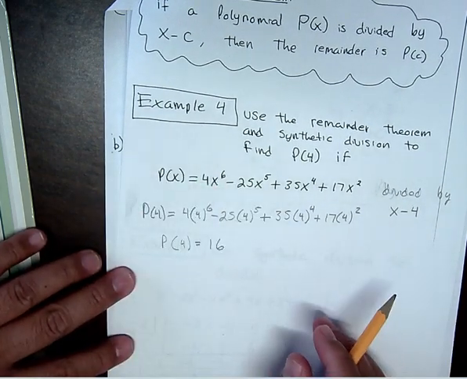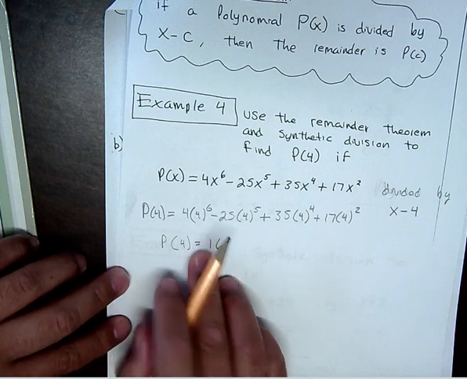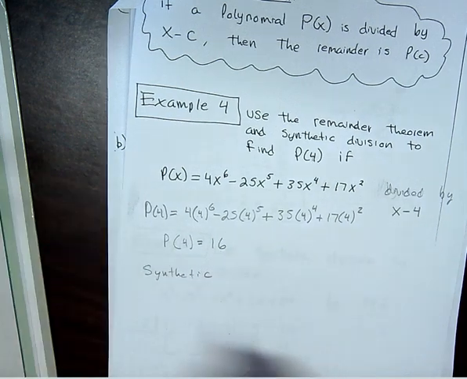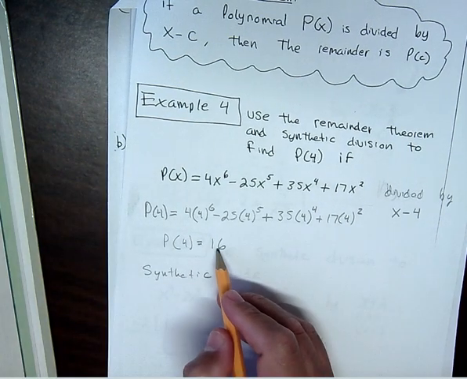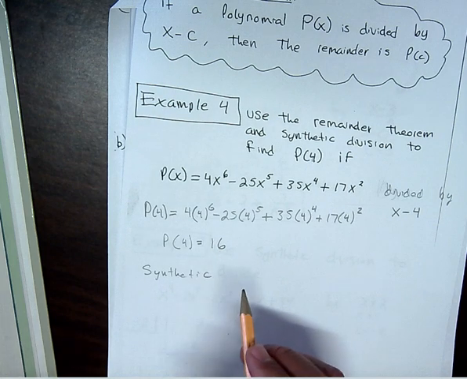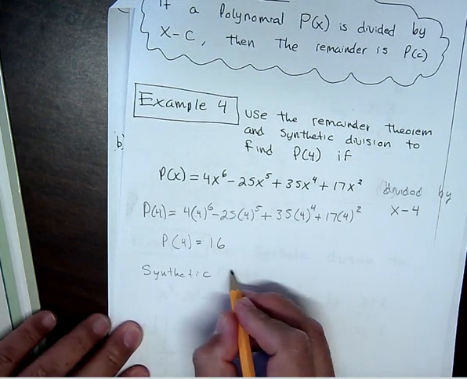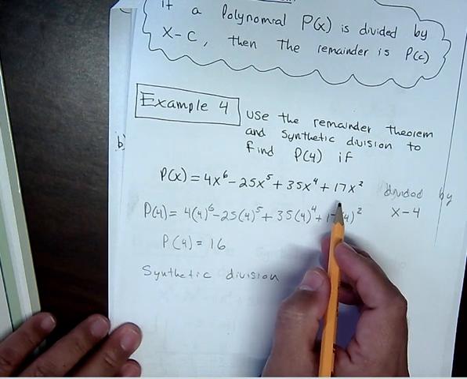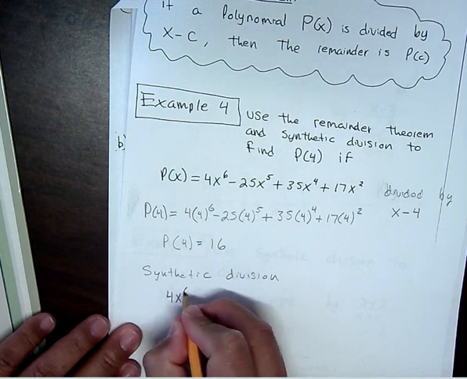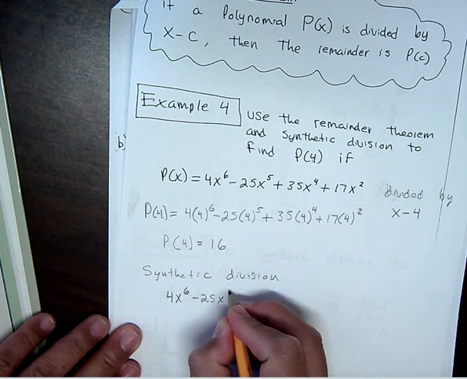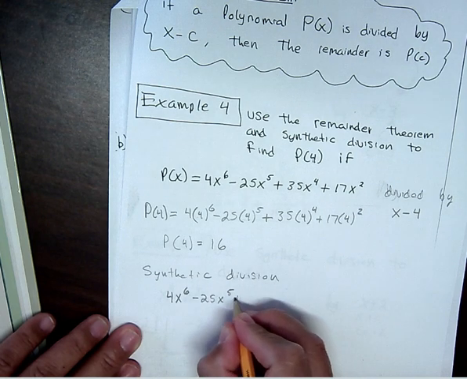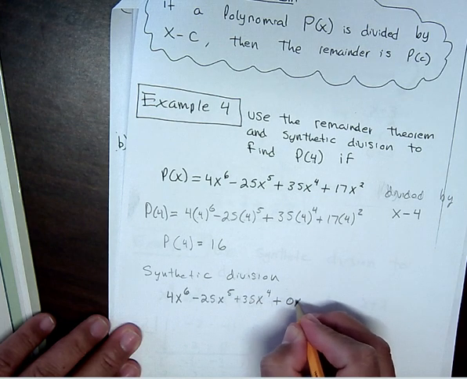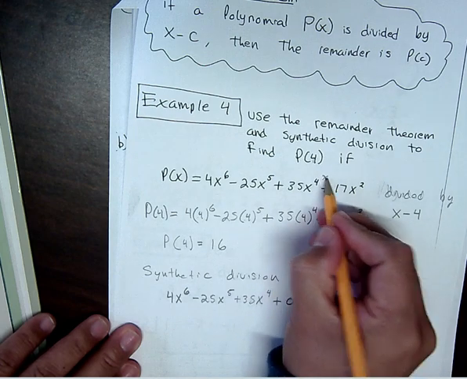Now they want to see if synthetic division will give you that 16 again. So now we're going to do the synthetic division. Based on the remainder theorem, we should get this number. Alright, so let's write this polynomial in descending order first: x to the 6th minus 25x to the 5th plus 35x to the 4th plus 0x to the third, because we're missing an x to the third here.